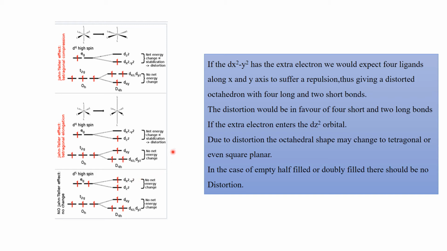Due to Jahn-Teller distortion, the octahedral shape of the complex may change to tetragonal or even square planar. In the case of empty, half-filled or doubly filled orbitals, there should be no distortion.